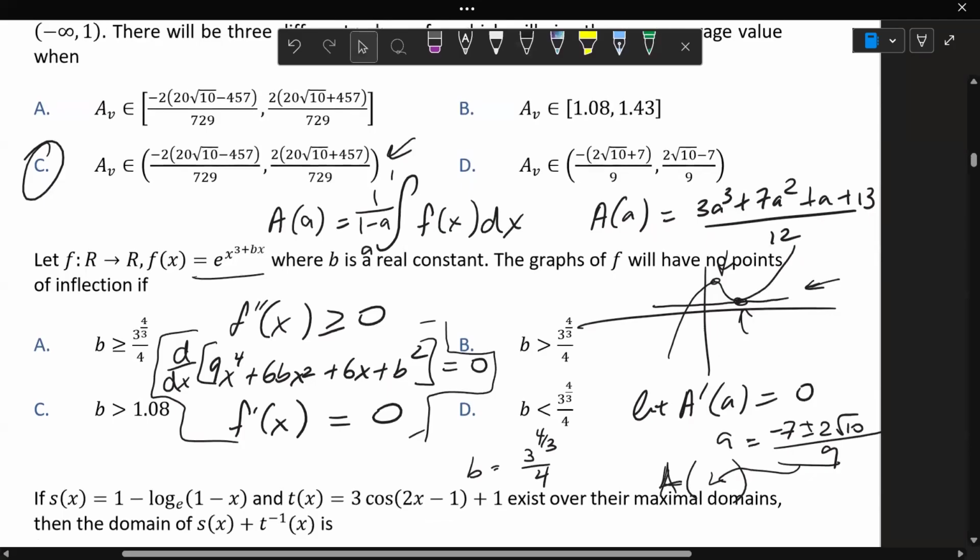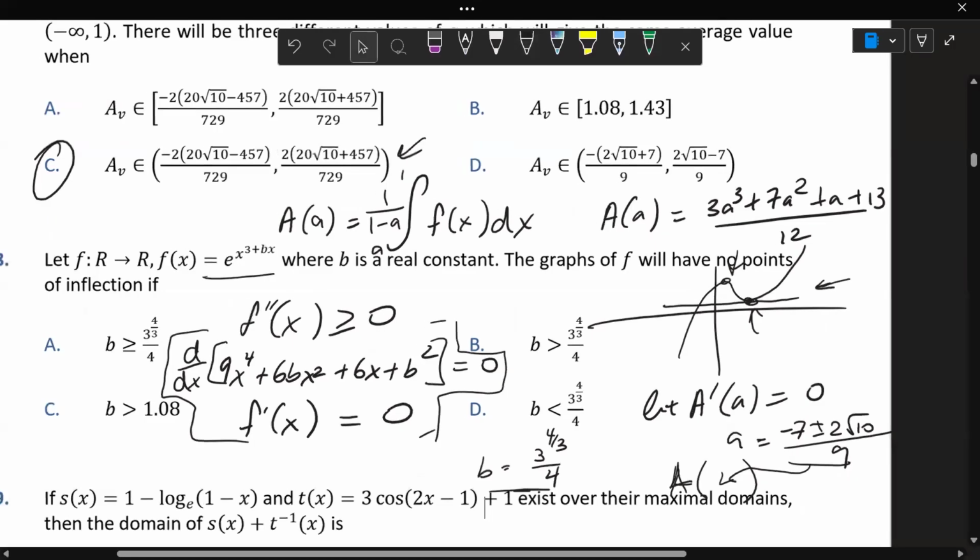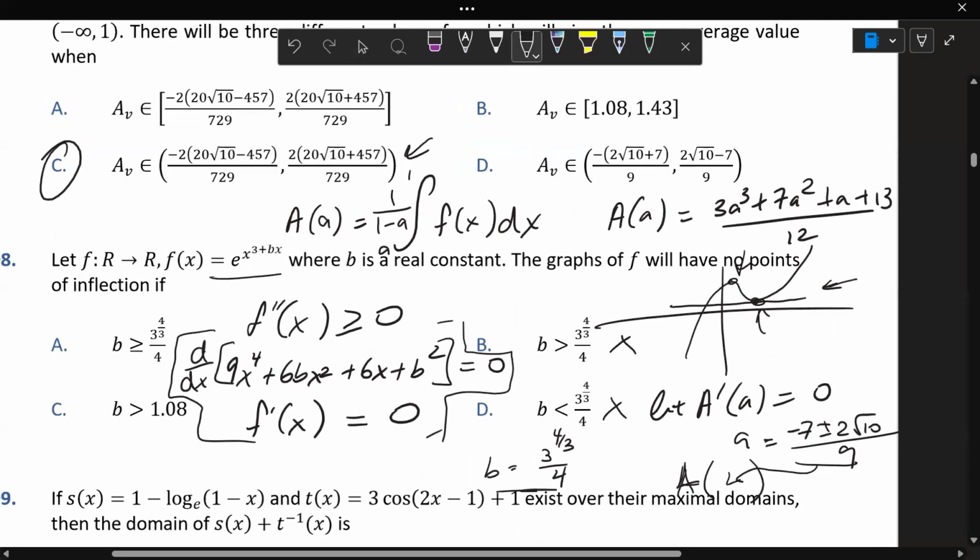So what I did is I subbed this value in, and I found that there was no point of inflection at this point. So that means this point had to be included. Therefore, I rejected this one, and I left this in consideration because 3 to the power 4 over, and then I rejected this one as well because this approximated to a decimal is 1.08.